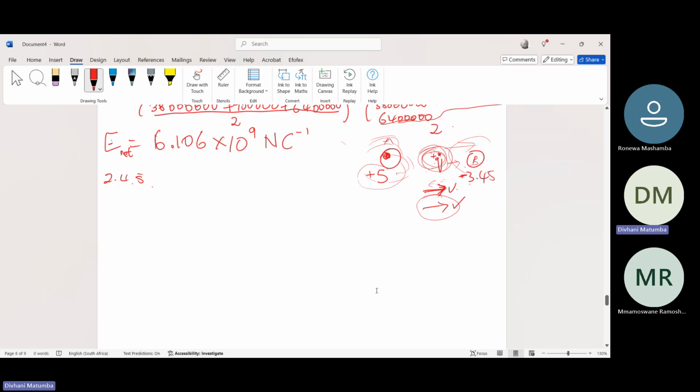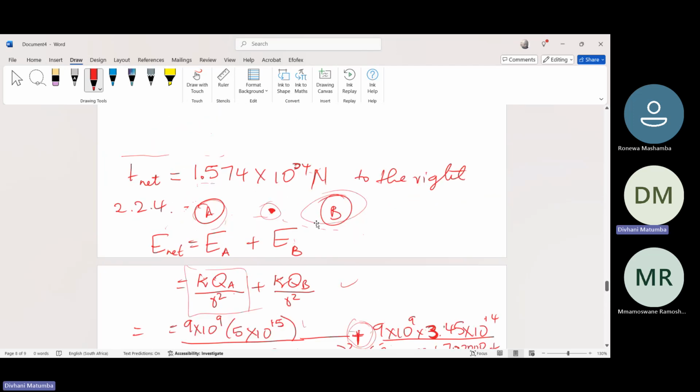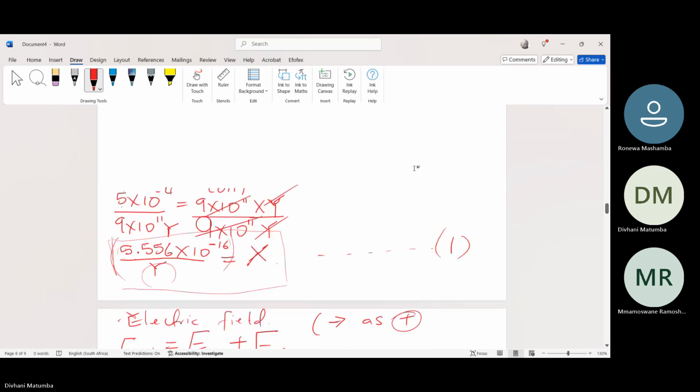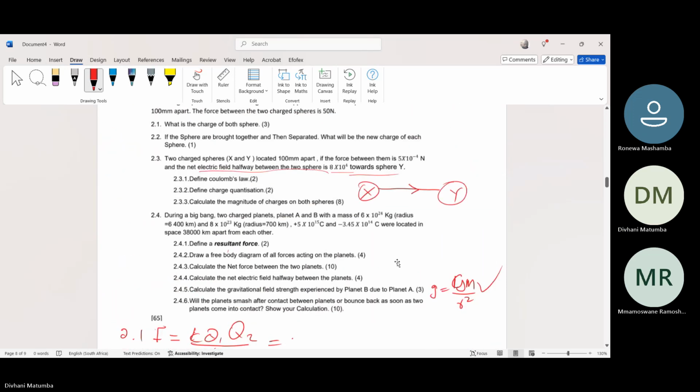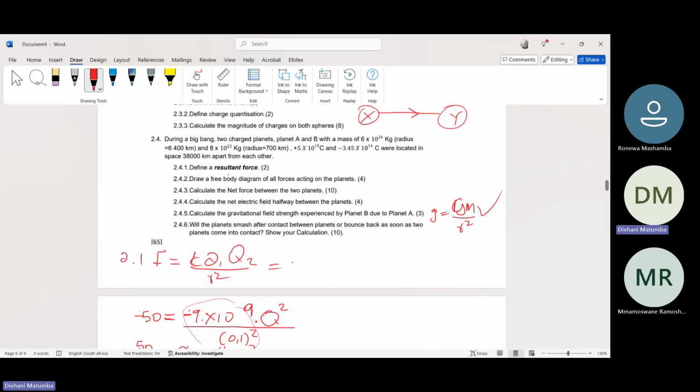So we said the gravitational field experienced by B due to planet A. So which planet is producing the field?